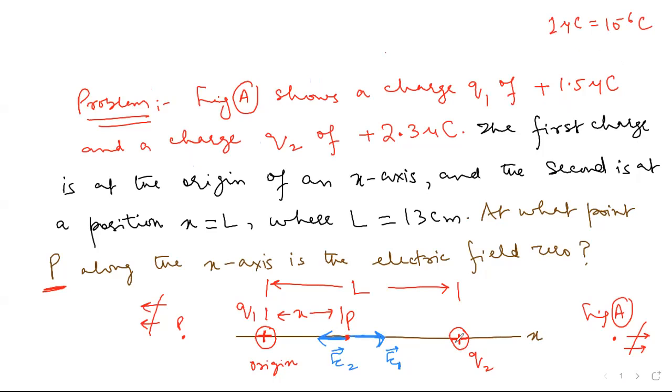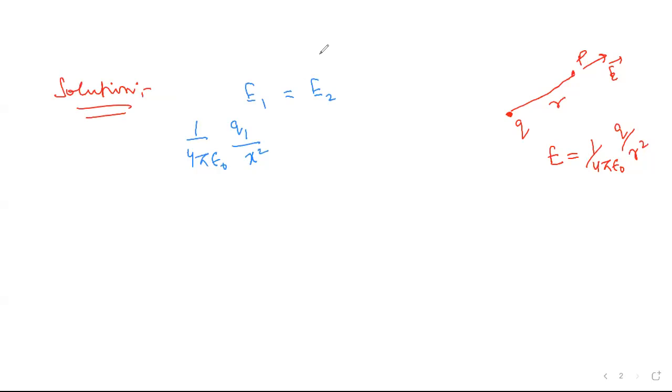It is L minus x distance from Q2. So on the right side, we will write, let me use another color, 1 by 4 pi epsilon naught Q2 by L minus x squared, right?